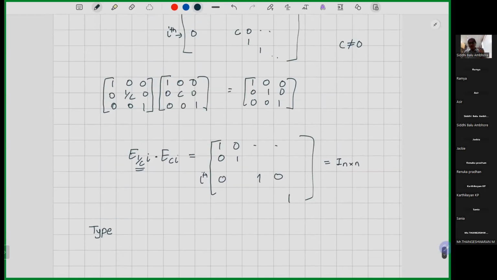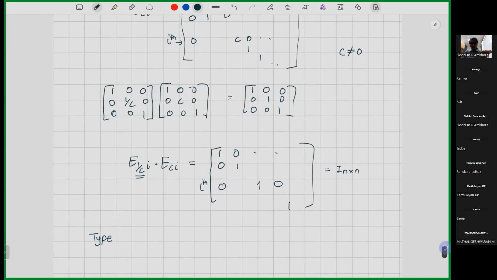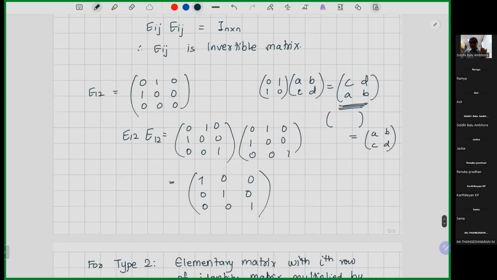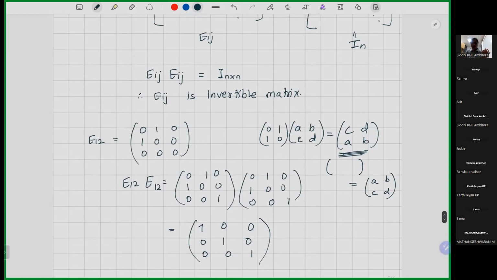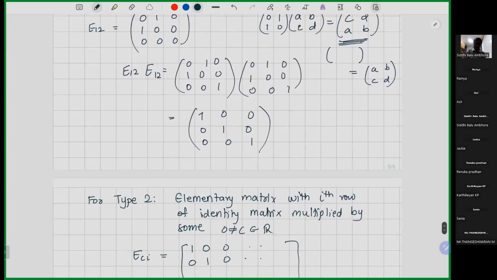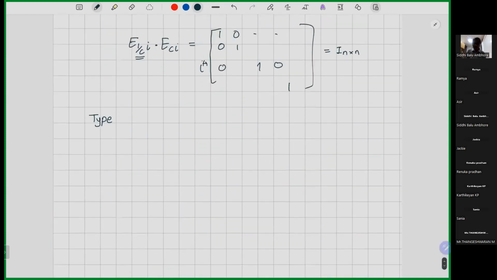To understand, one thing I want to mention here before going to the third: these elementary matrices are obtained by doing some operation R on the identity matrix.